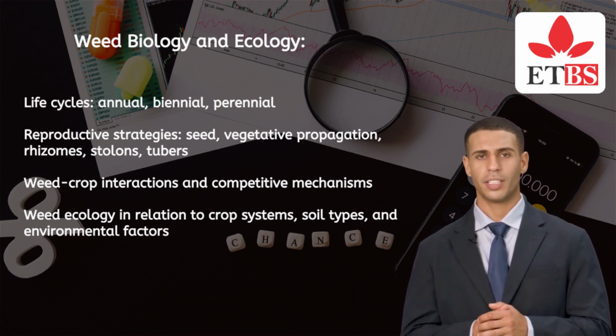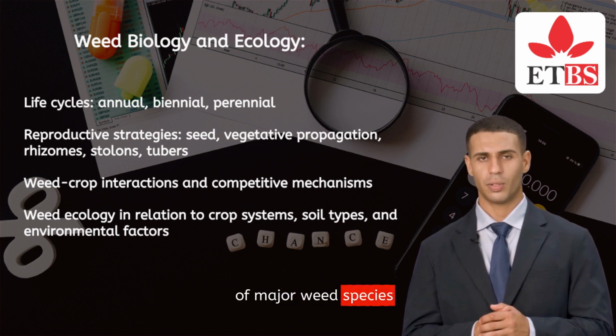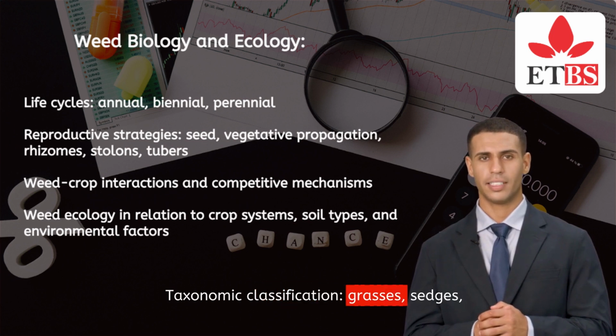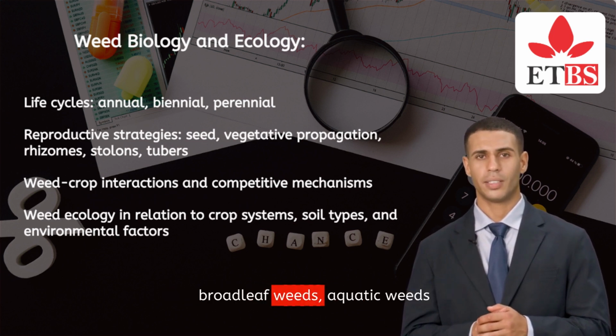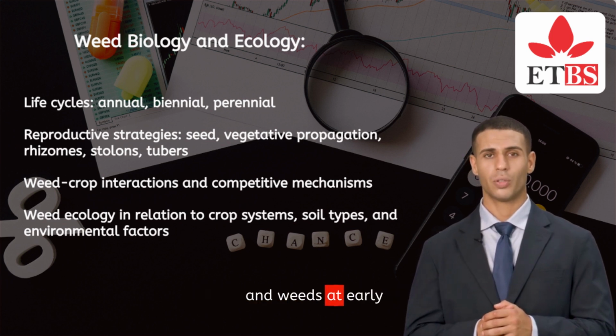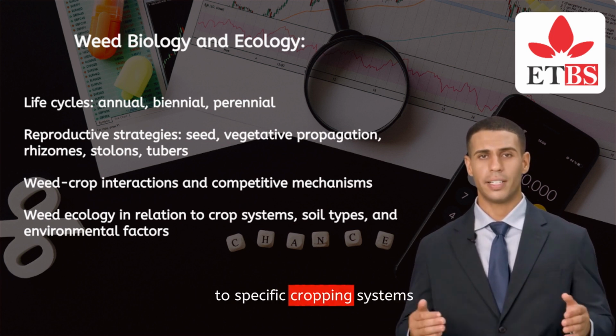Weed identification and classification: morphological identification of major weed species, taxonomic classification, grasses, sedges, broadleaf weeds, aquatic weeds, differentiating between crop plants and weeds at early stages, understanding weed adaptations to specific cropping systems.